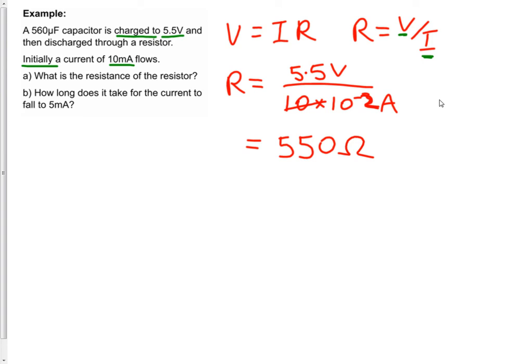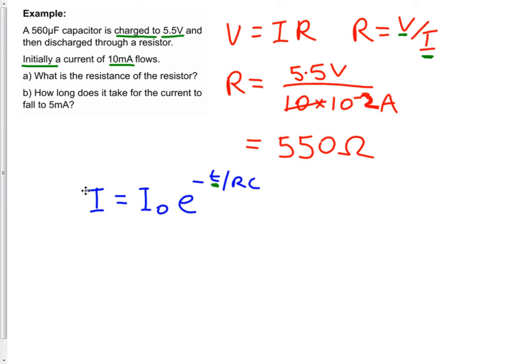Now, how long does it take for the current to fall to 5 milliamps? Well, we've got our formula, which is the same format for all of them. I equals I naught e to the minus t over RC, and we want to know t, the time, which is a bit of a nightmare because it's stuck up here in this power of e, where it's quite hard to get at.